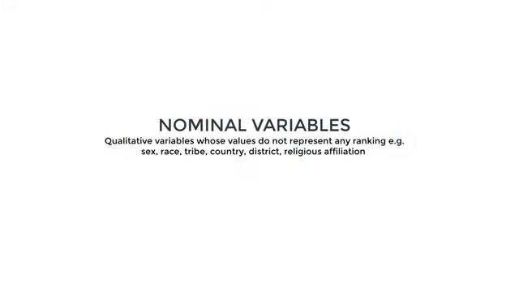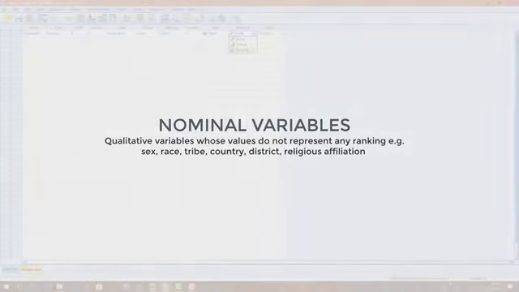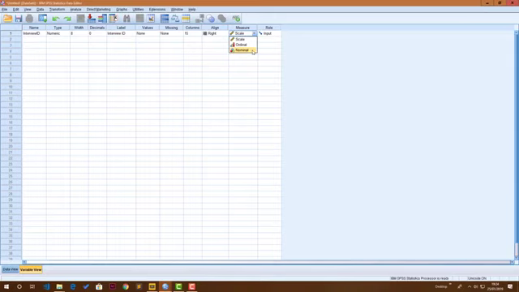While nominal variable, basically this is quite similar to the ordinal variable in that it's represented by words, but then you may not actually be able to say that one category or one value has more of the variable than another value in that variable. So for example, gender. We cannot say that male has more gender or more sex than female.